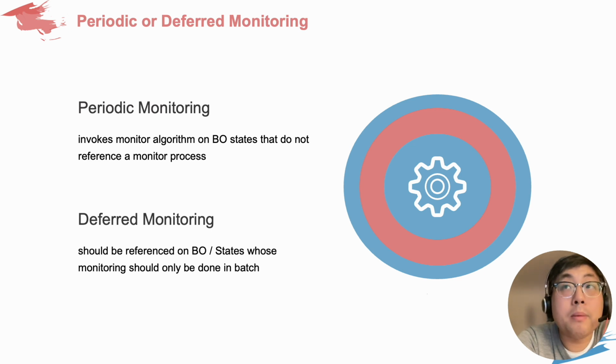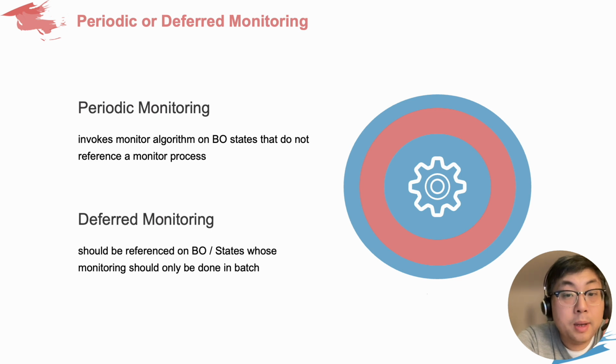That batch, if it's running, will check any state which has a monitor algorithm and then run it. It runs in the sequence of the states, but it is not limited to any monitor process on the state.